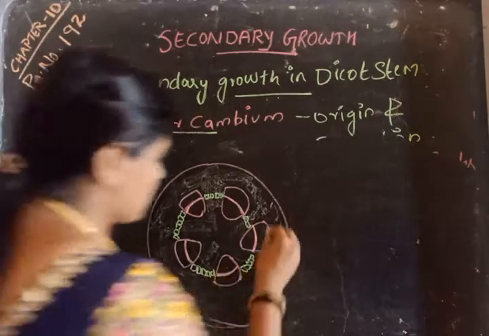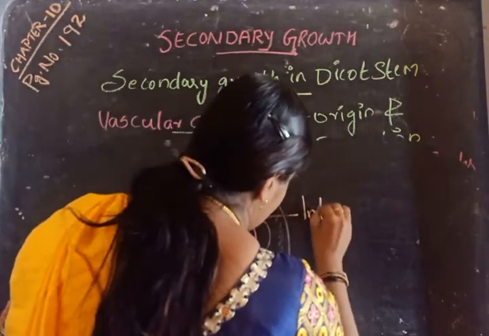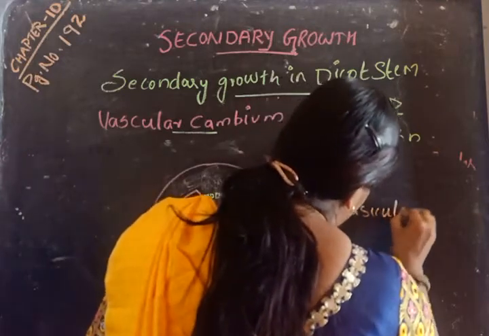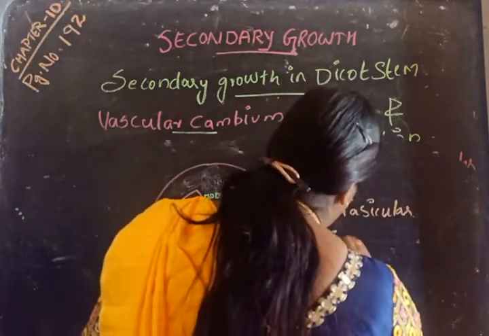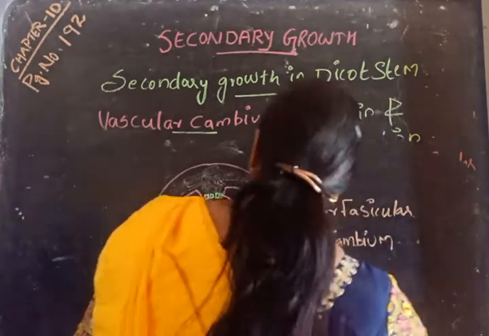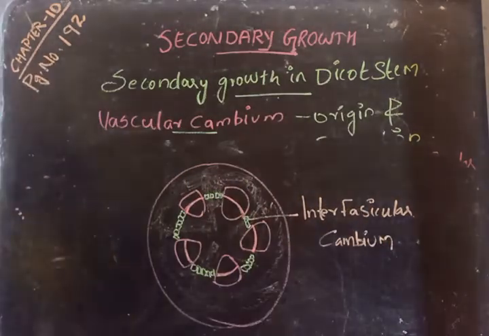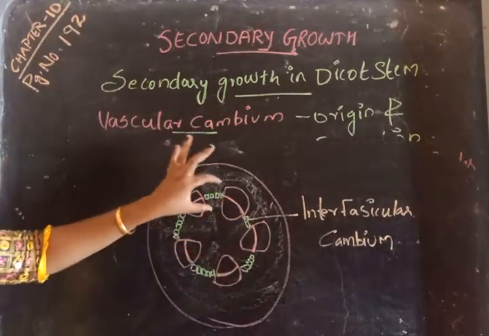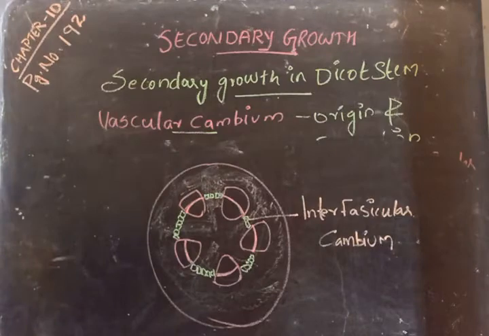So, this is called interfascicular cambium. In the medullary rays, the parenchymatous cells are arranged in a line with the vascular cambium of the vascular bundles. These are called the interfascicular cambium.